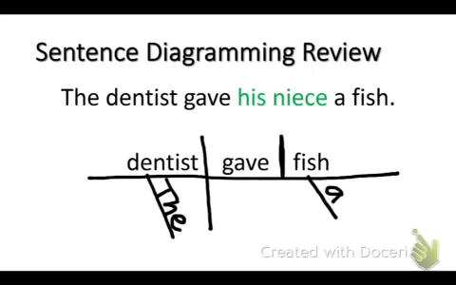It's going to look like a prepositional phrase, but nothing will go on the diagonal line. Instead, we'll put niece on the horizontal line, and then its modifier, his, underneath it. The dentist gave his niece a fish.